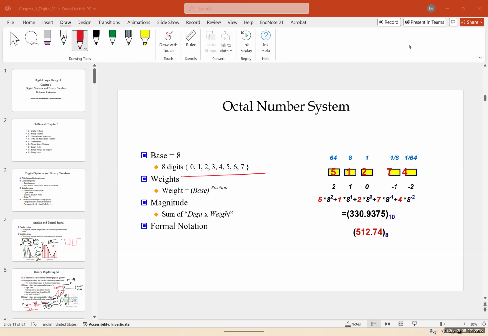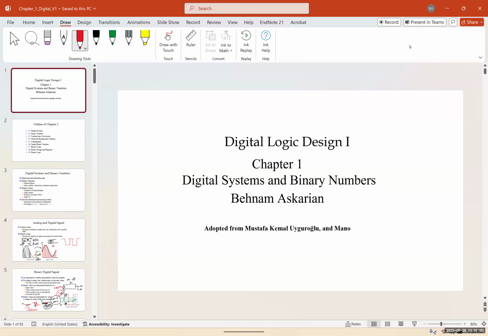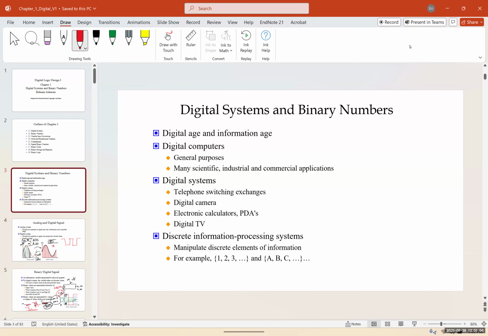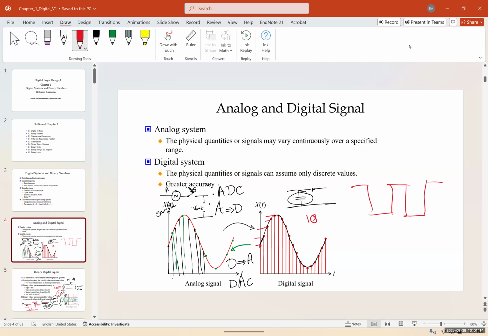In the previous class, we spoke about fundamentals of digital systems, the benefits of using digital systems compared to analog systems, how we convert an analog signal to a digital signal, and how we convert digital to analog.